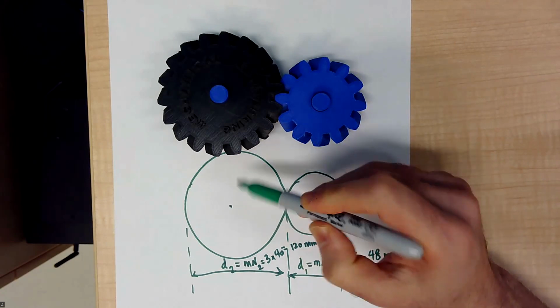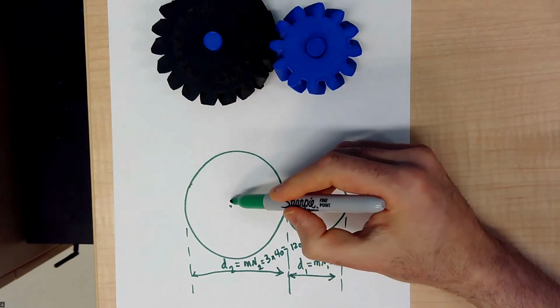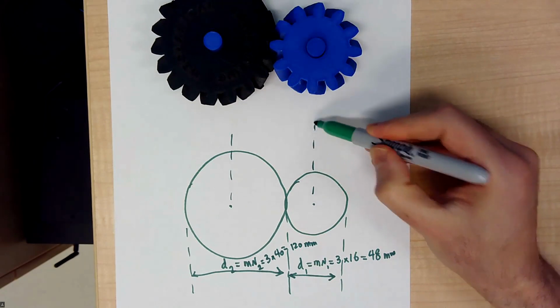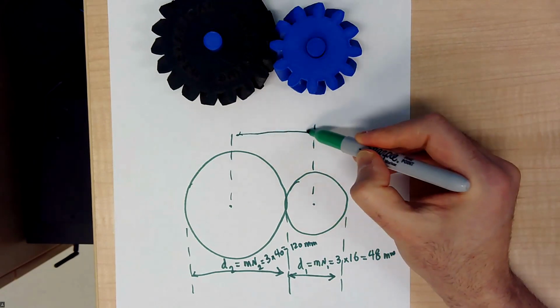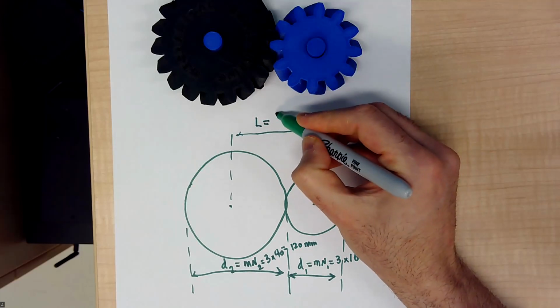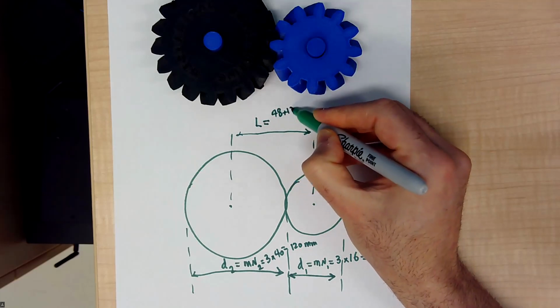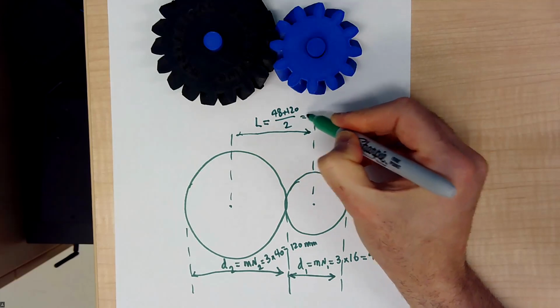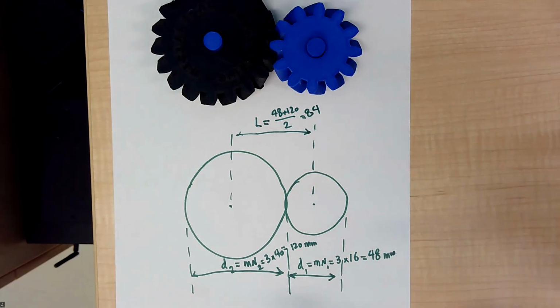Therefore, the distance between center to center, obviously, let's call this one L, is 48 plus 120 divided by 2, which gives me 84.